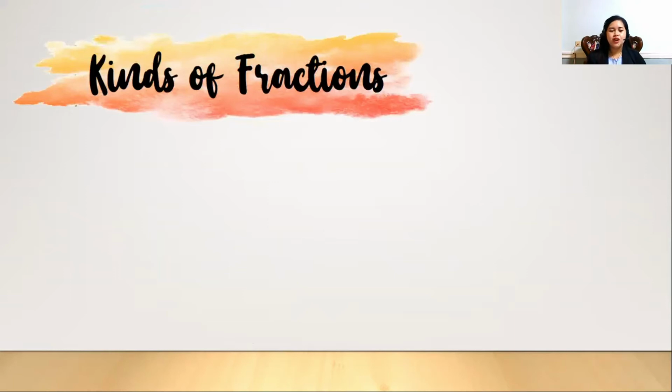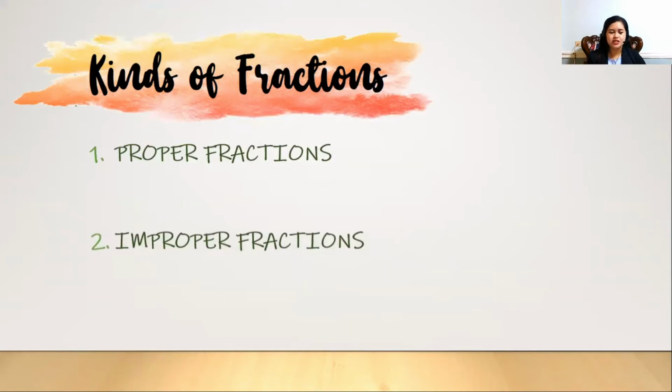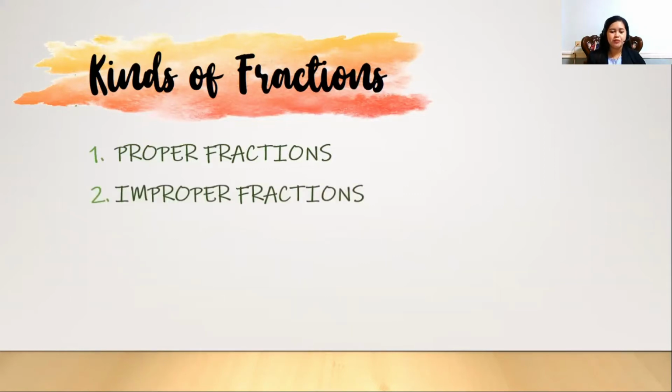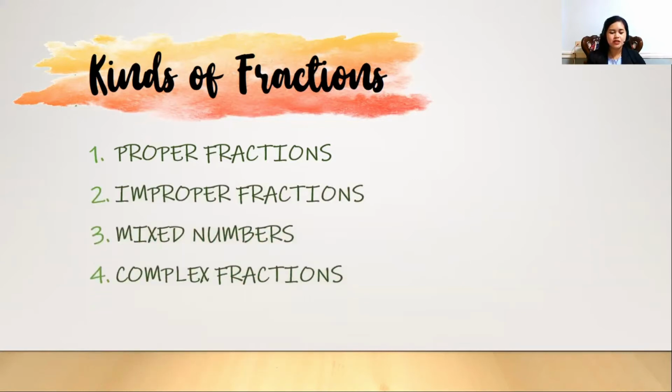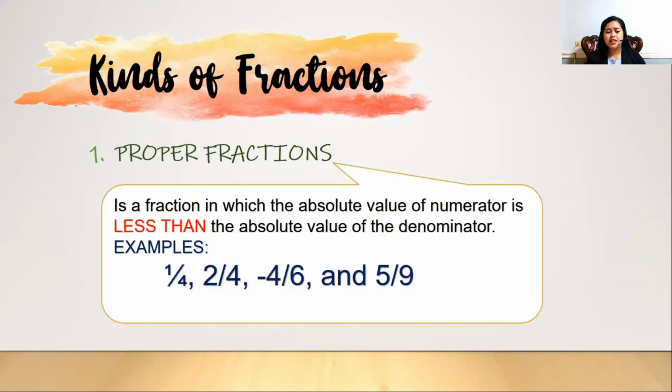Now let's move on with the different kinds of fractions. First, we have proper fractions, second, improper fractions, third, mixed numbers, and lastly, complex fractions. A proper fraction is a fraction in which the absolute value of the numerator is less than the absolute value of its denominator.